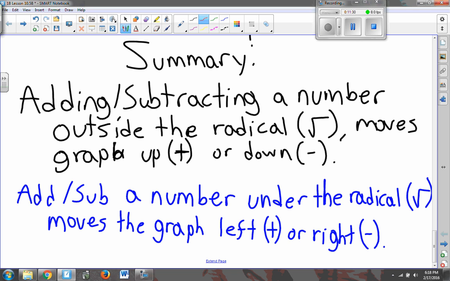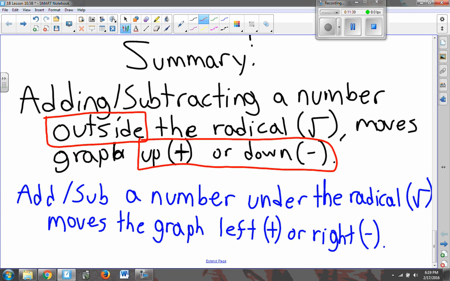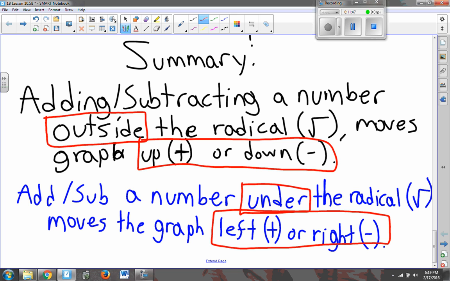Okay, so adding or subtracting a number outside the radical moves up or down. Okay? Adding or subtracting a number underneath the radical moves the graph left or right.